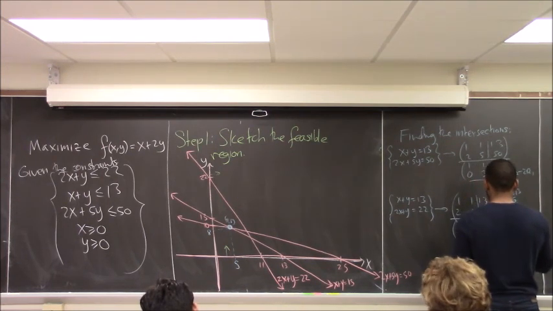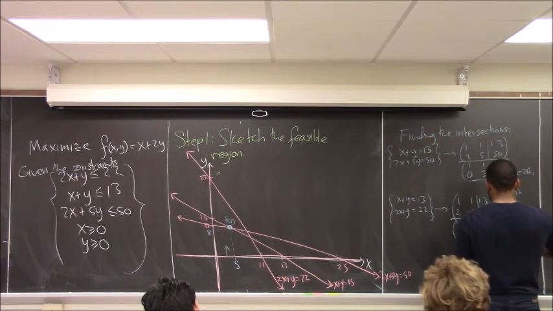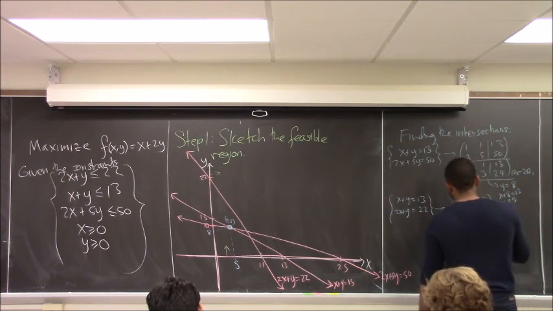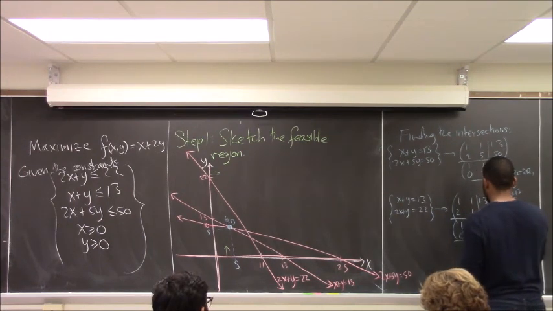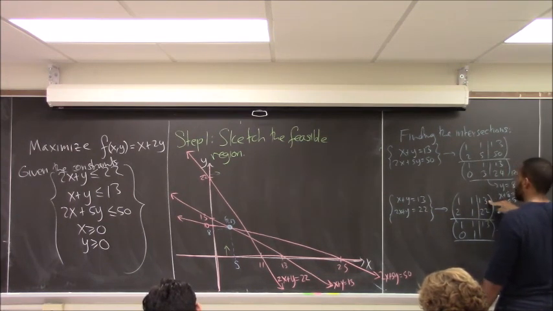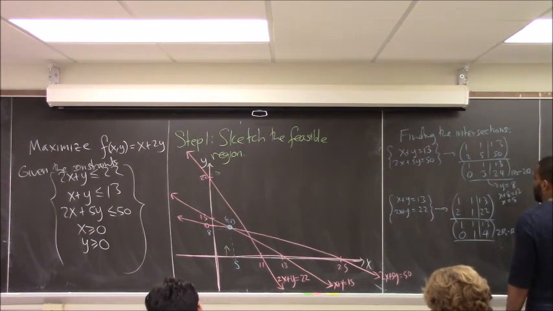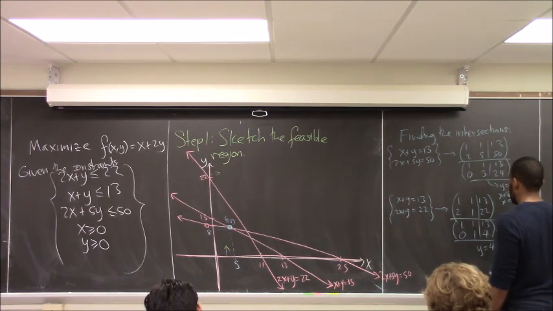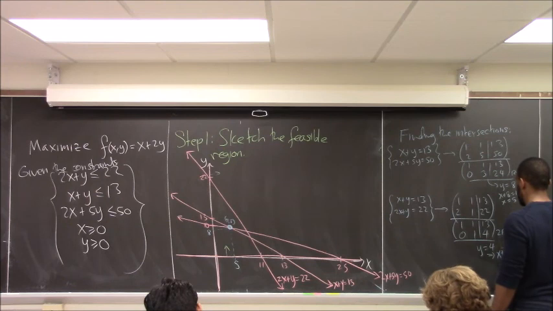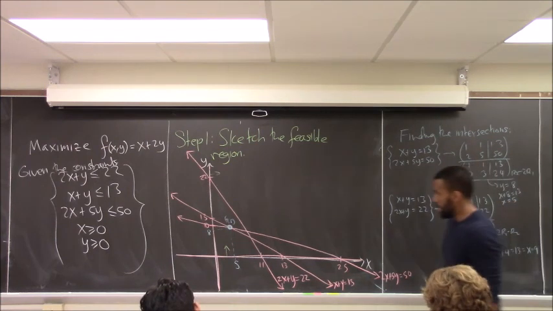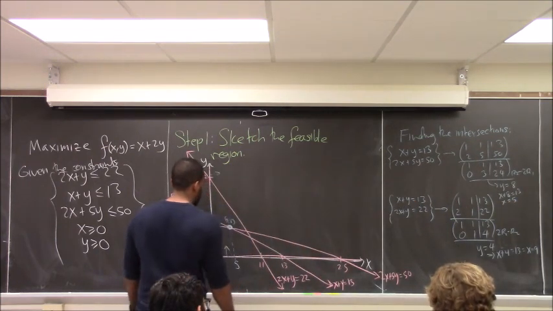And then I can take 2 row 1 minus row 2. 2 times this minus that is 0. 2 times this minus that is 1. 2 times this is 26. Minus that is 4. So y equals 4, which means that x plus 4 should be 13, which means that x will equal 9. So yeah, I think we hit these in the right position.